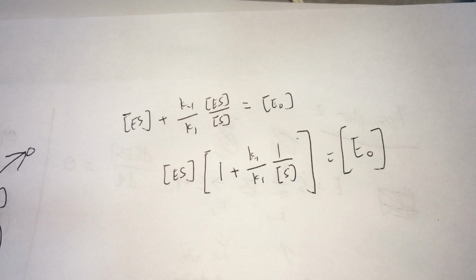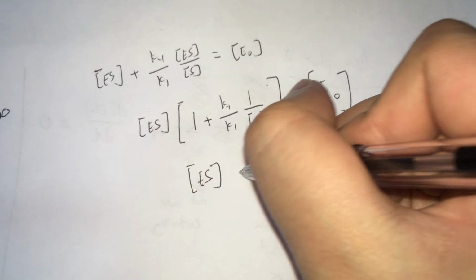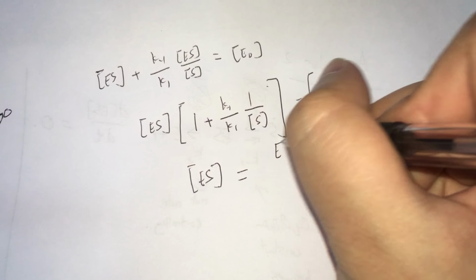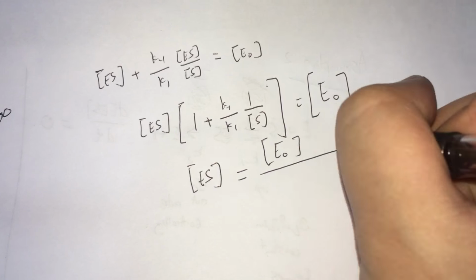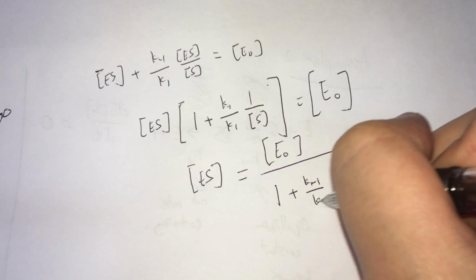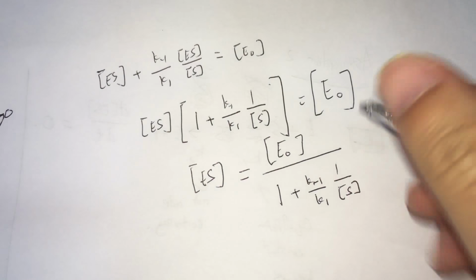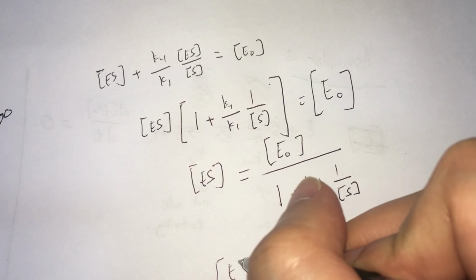Okay? And now we can make ES the subject and so eliminate E very quickly. ES equals E naught over 1 plus k minus 1 over k1, times 1 over the concentration of S. So let's make it a little neater again.